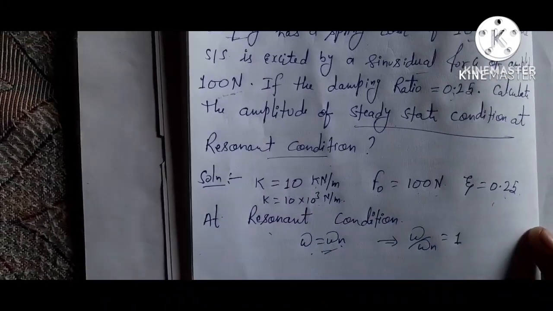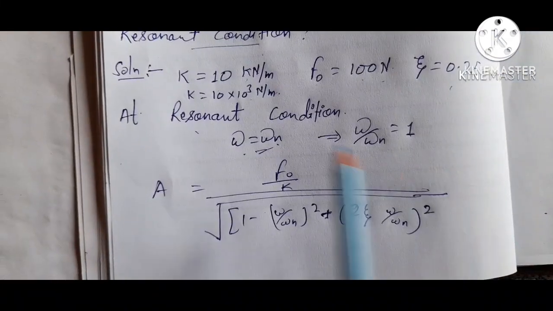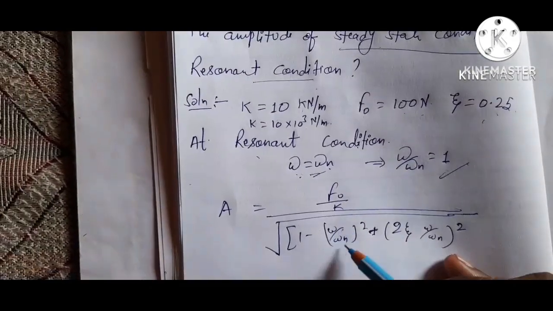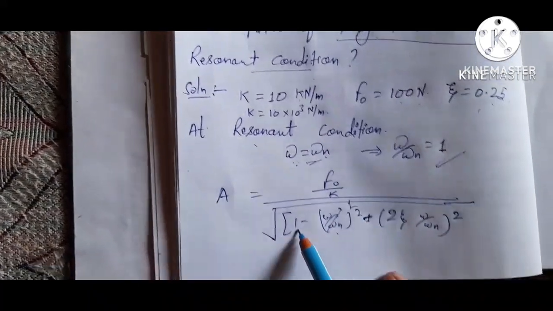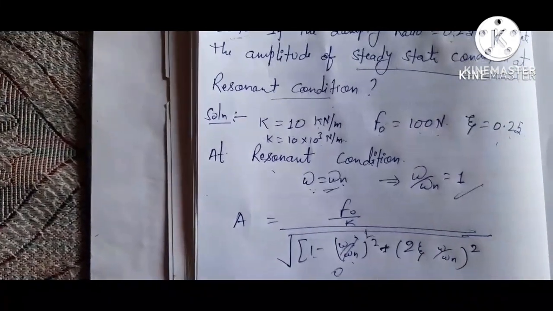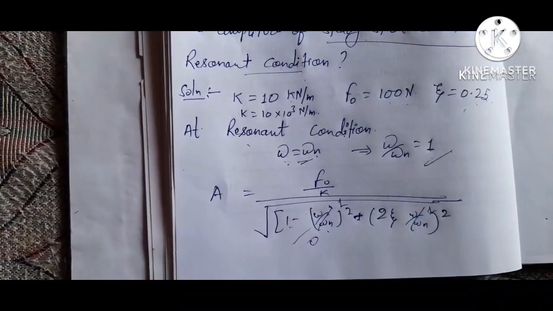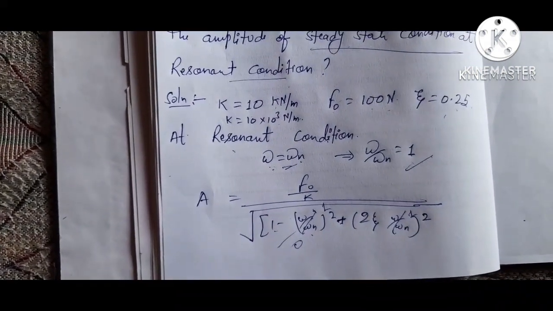Okay. So friends, you calculate at the resonant condition. This condition applies: omega divided by omega n equals 1, and 1 minus 1 equals 0. So this term is cancelled out, and only the 2 zeta omega by omega n term remains.